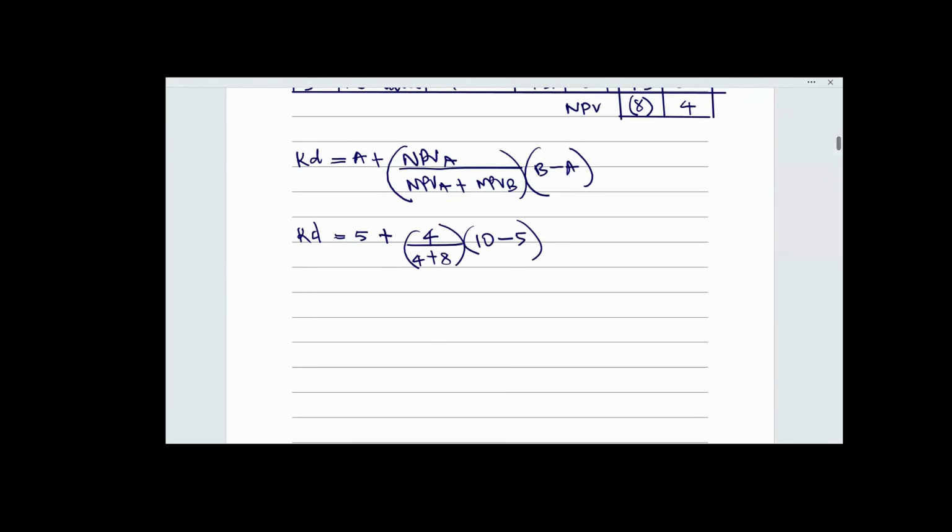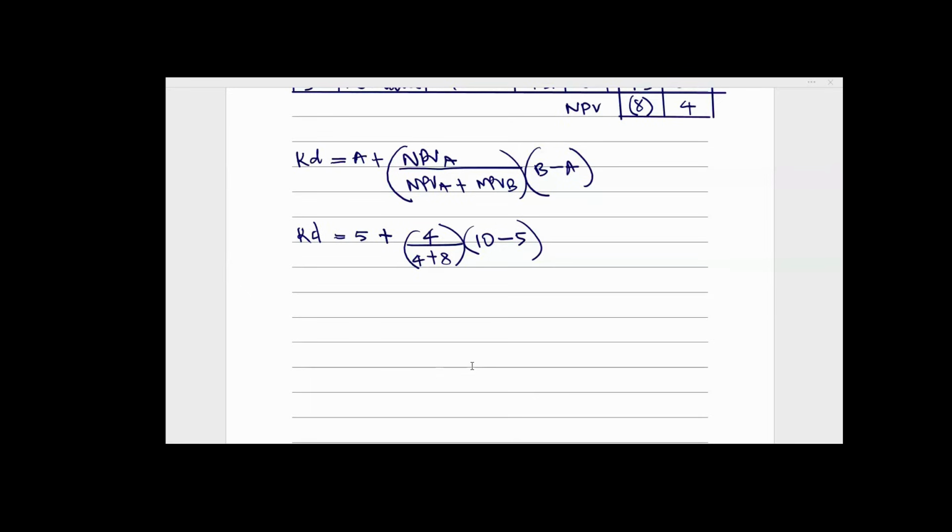Okay, so the final answer would then be 4 divided by 12, equal, multiplied by the difference between 10 and 5, which is 5, equal, then plus 5, equal, that's 6.67.